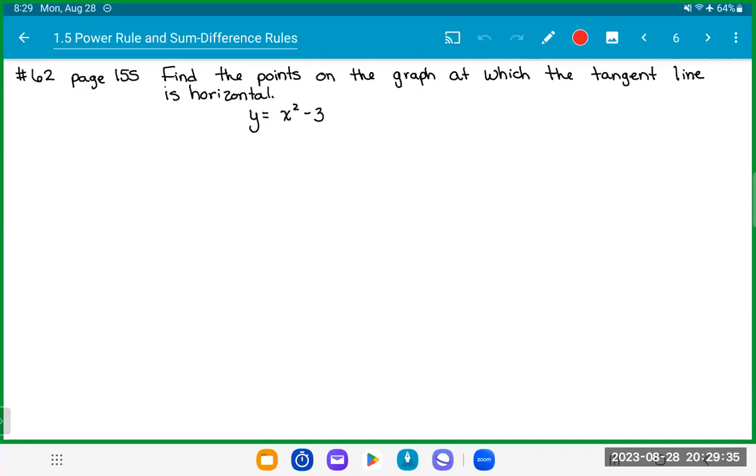Page 155, number 62 wants us to find the points on the graph at which the tangent line is horizontal to y equals x squared minus 3. Keep in mind, a horizontal tangent line has a slope equal to 0.